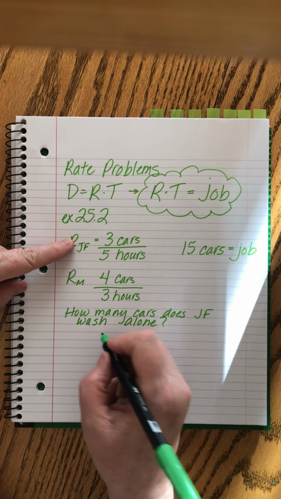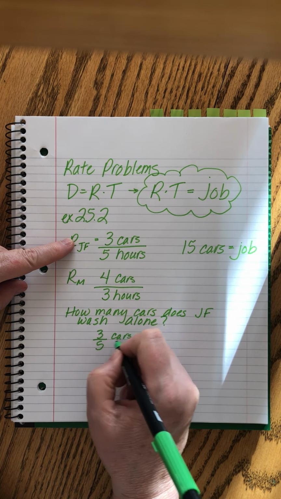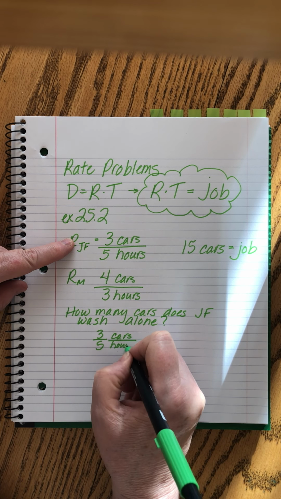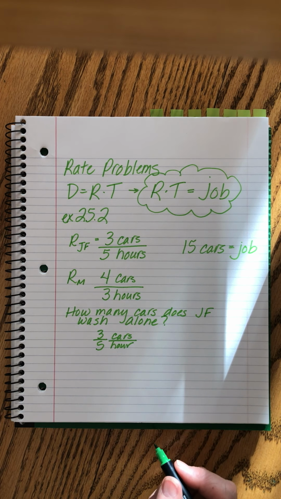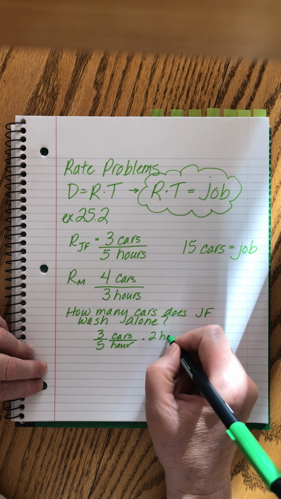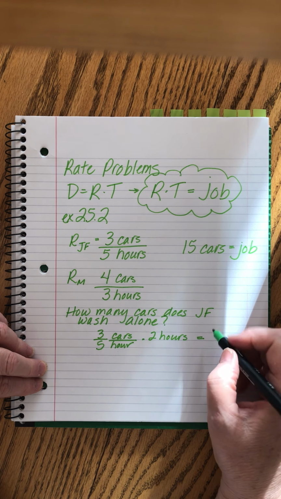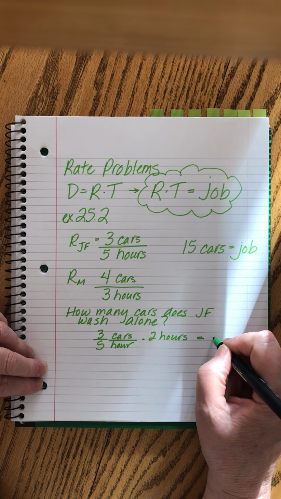His rate is 3 cars per 5 hours. Again, we're keeping the words in there. He works how long? He works for 2 hours by himself. Times 2 hours will equal a certain number of cars, right?